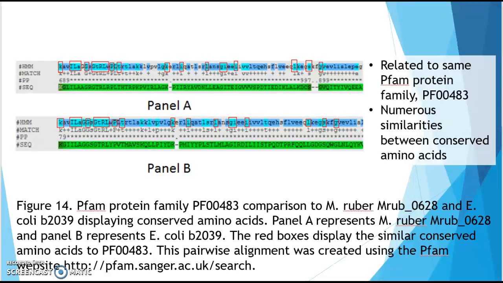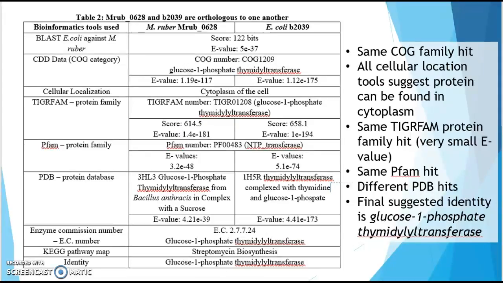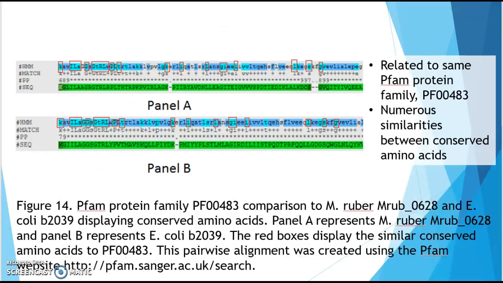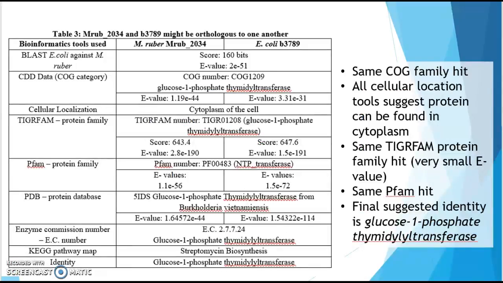So again, just to recap, all these bioinformatics tools pointed to the fact that MRUB0628 and B2039 are orthologous to one another and code for the protein glucose 1-phosphate thymidylyltransferase. Finally, MRUB2034 and B3789 were also analyzed through bioinformatics tools.